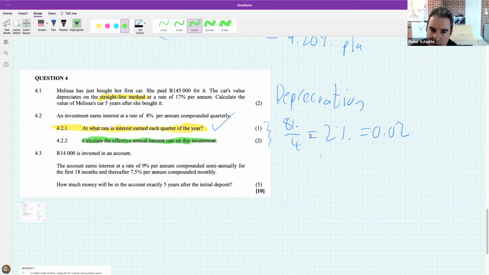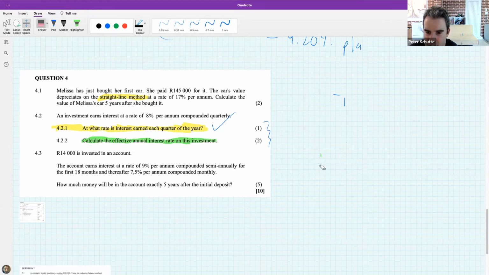Come on, guys, you can do this. We believe in you. So it's the same formula as above. What's the effective annual interest rate going to be for this particular question?